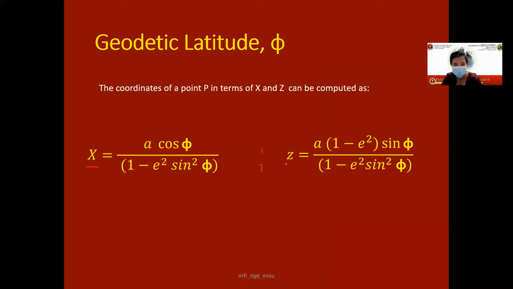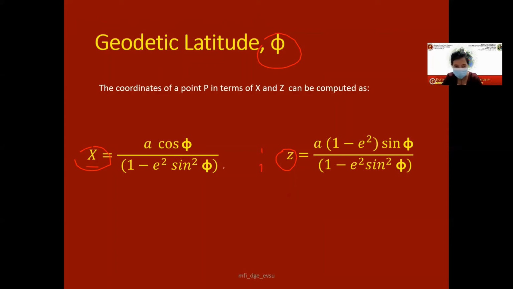The second coordinate is z, given by a (1 minus e squared) sine phi all over 1 minus e squared sine squared phi. So don't forget the formula: a cosine phi over 1 minus e squared sine squared phi is the value of your x, and the value of z is 1 minus e squared sine phi over 1 minus e squared sine squared phi, where your phi is the geodetic latitude.